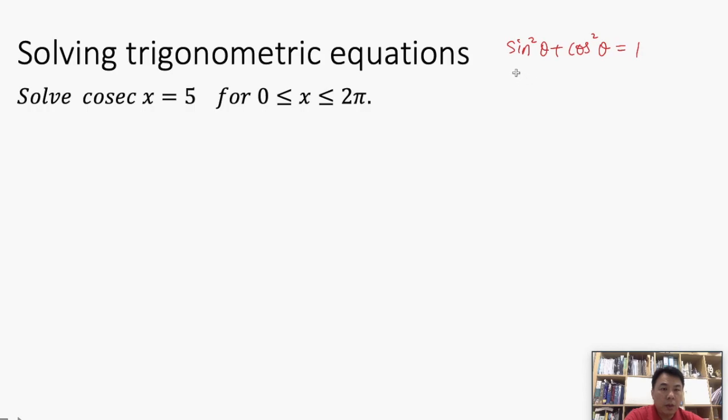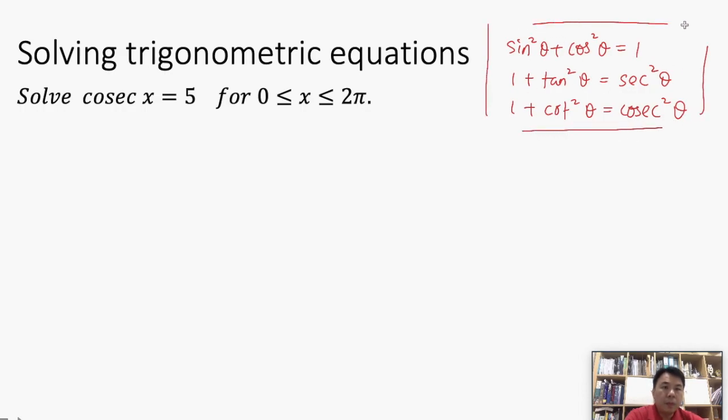We have 1 plus tangent squared, which is equal to secant squared. And then lastly, we have this. These are the three important trigonometric identities that we're going to use to solve this problem. Okay, let's get started.